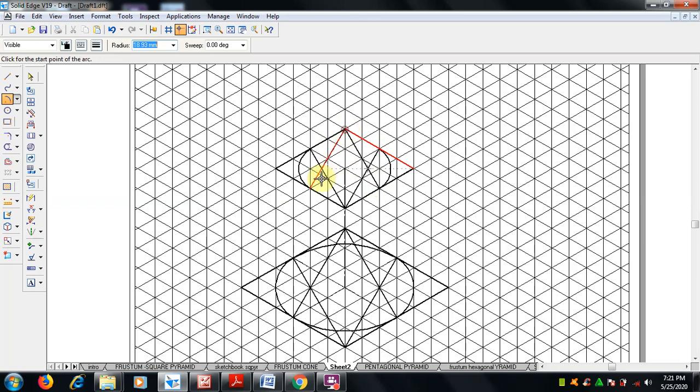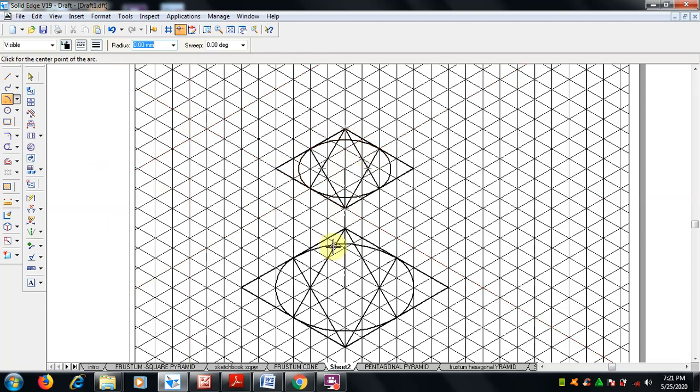So this is the center point for this long arc, complete here, and from this point, this is the center point of the arc, this is the radius, and we can make the arc here.